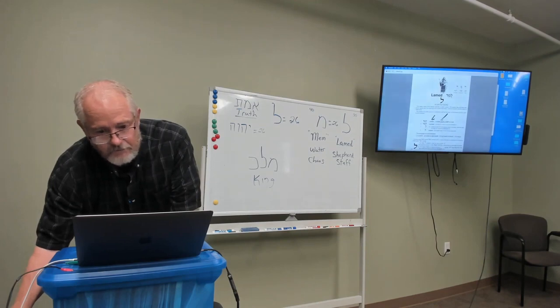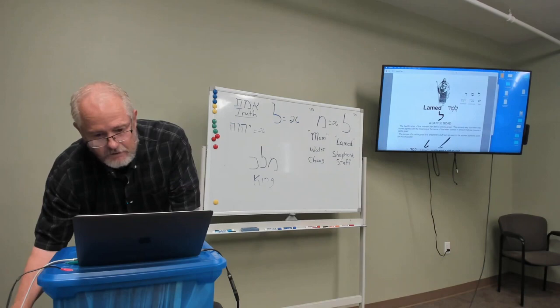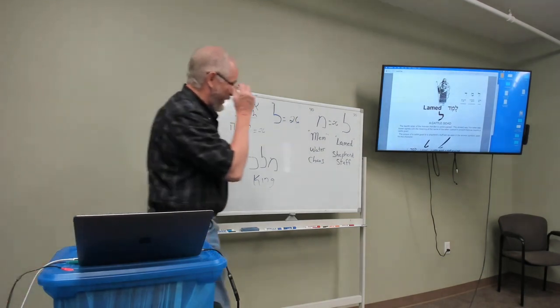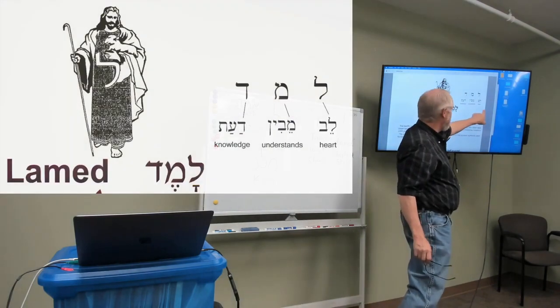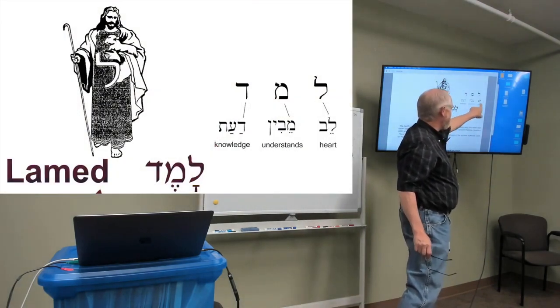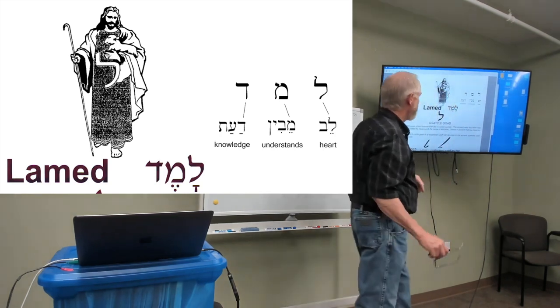There's an acronym that's really awesome that is taught on Lamed, and you can see it here. It's on your one sheet. The acronym is the heart that understands knowledge.